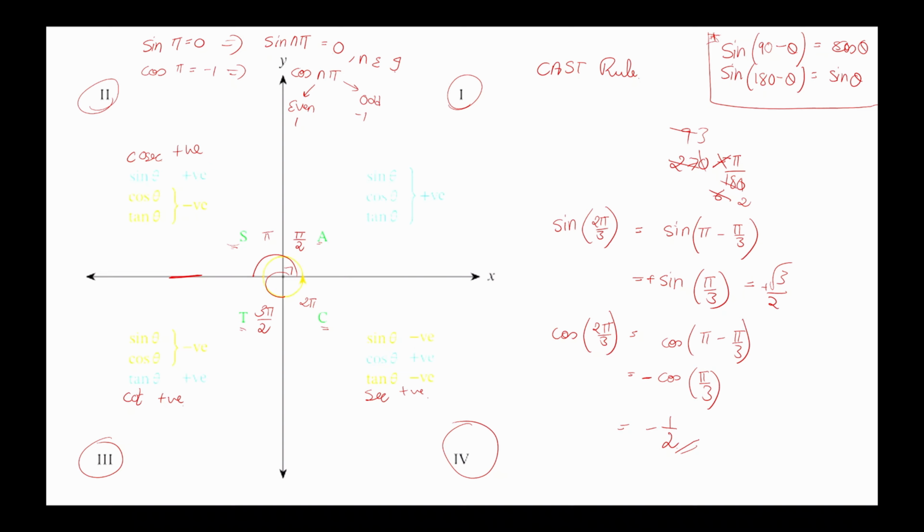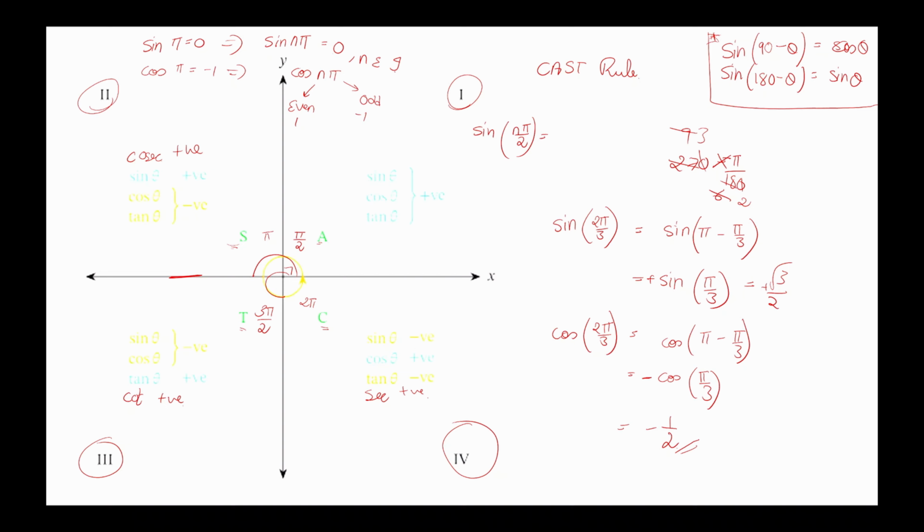Apart from that, when we talk about pi by 2, sine of pi by 2 would be 1, and sine of 3 pi by 2 would become minus 1. So if I talk about sine of n pi by 2, how can I represent this?